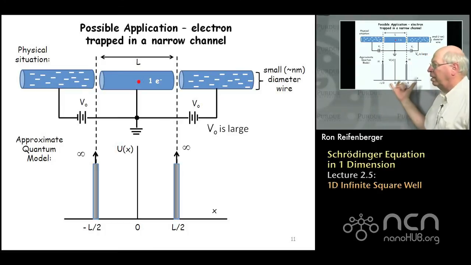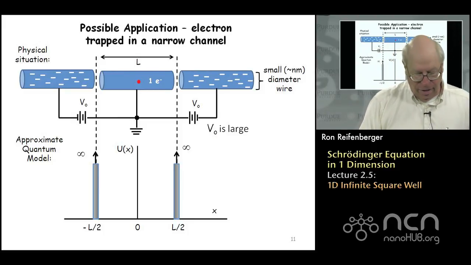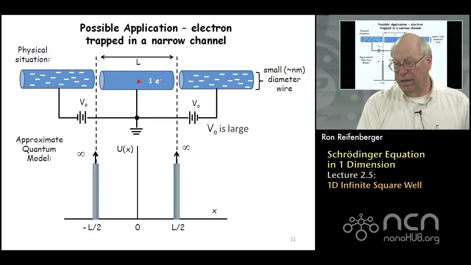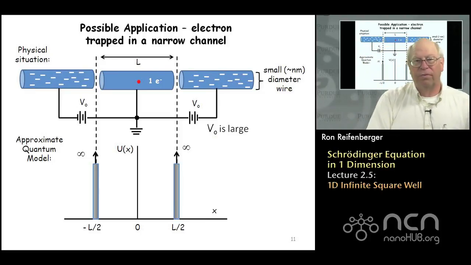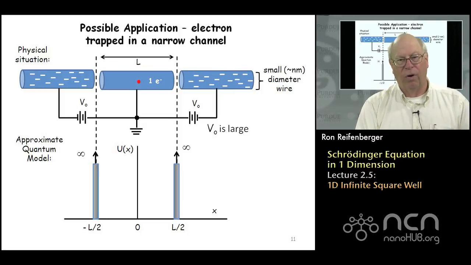And so maybe if you want to calculate the allowed energies of that electron in that channel, maybe that can be approximated by this infinite square well model, right? And you can then sort out allowed energies for the electron. So those are a few examples that you can imagine this infinite square well might apply to.